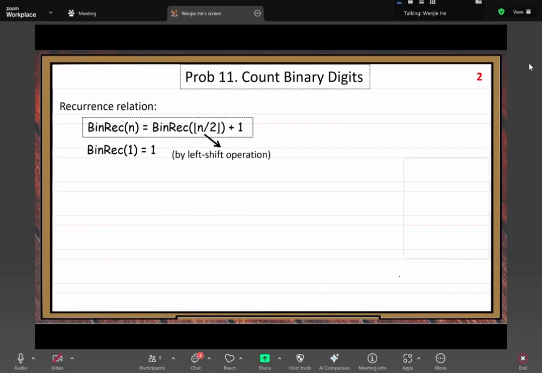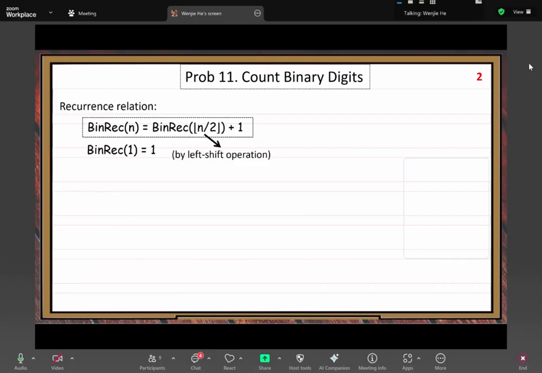And the division by 2, we can use the shift operation. In our programming language, we have a special operation, shift to the left or to the right. You will see it is much faster than division. We know division is very slow, but shift operation is extremely fast. That's why people created the shift operation in programming languages.